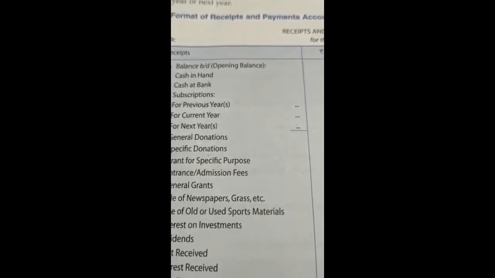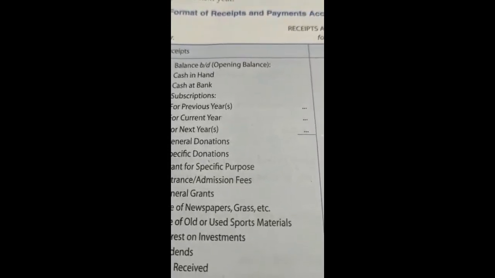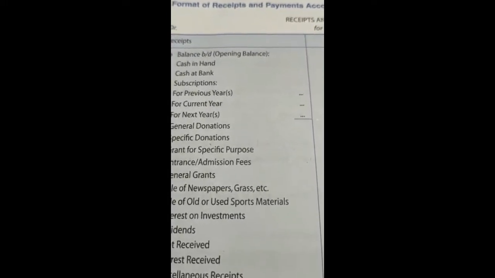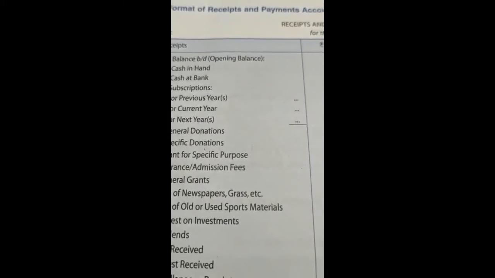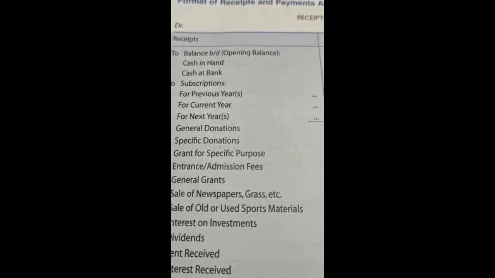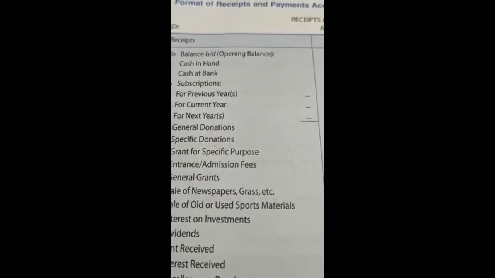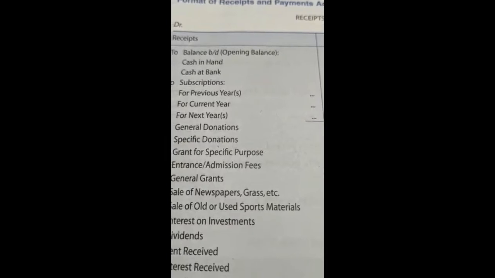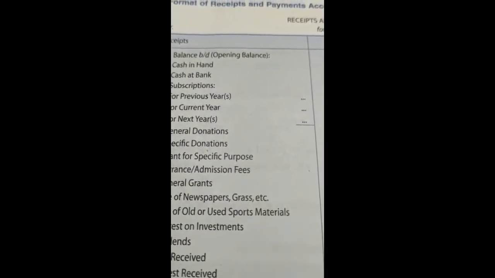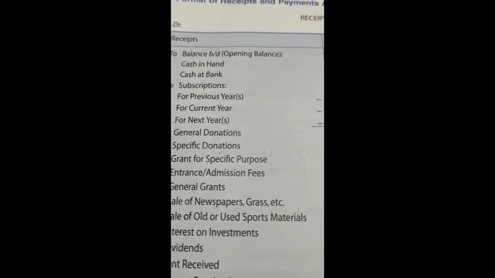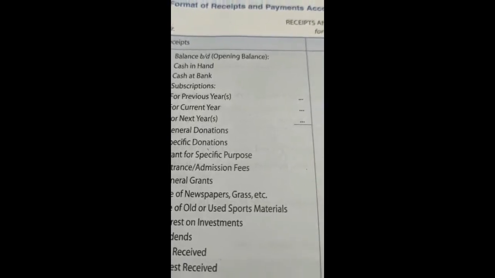That is why it is written here for previous year. Then for next year. For next year means, if this is the current year 2019-20 and some members are paying you in advance for the next year, they are paying you now, so that is for the next year.